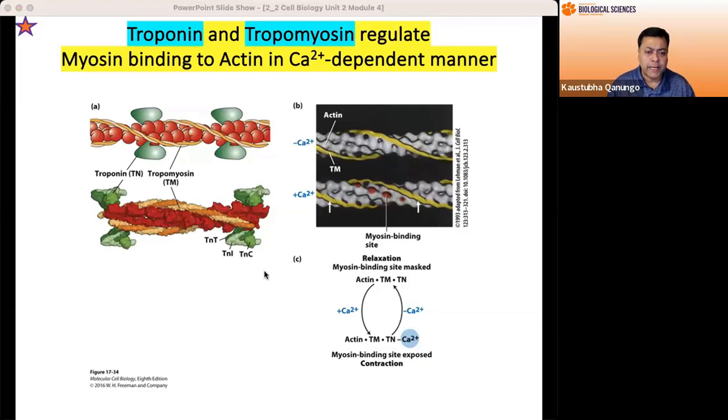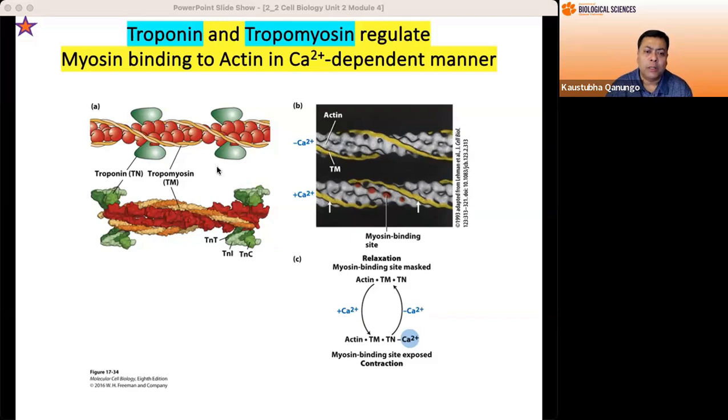A neurotransmitter is released at the neuromuscular junction. That junction creates an action potential, or voltage, across the plasma membrane of the muscle cell. And that voltage is transmitted into the endoplasmic reticulum of the muscle cell.